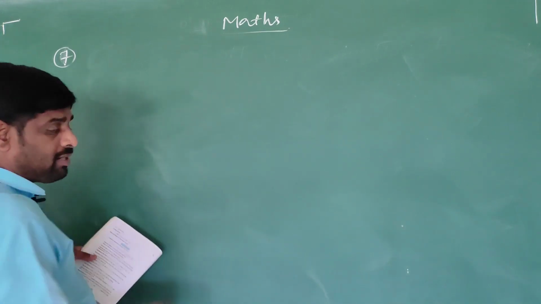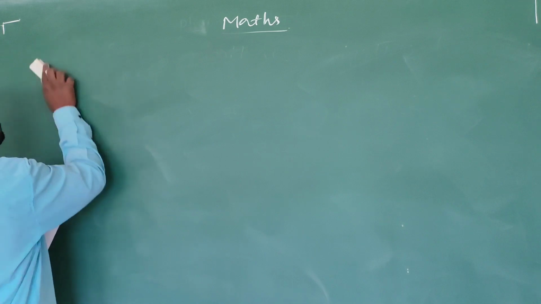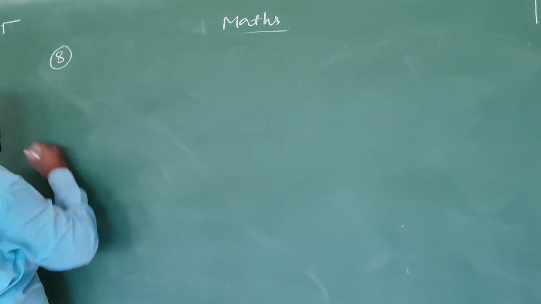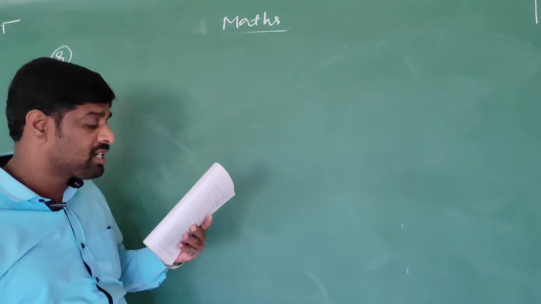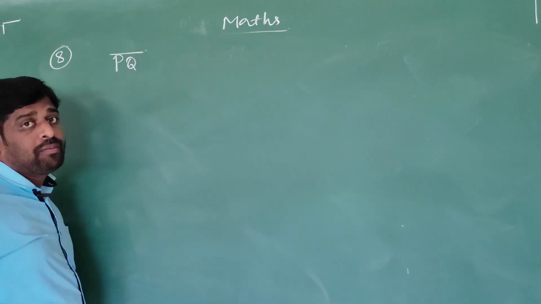Next, question number 8. So what is question number 8? Find the unit vector in the direction of PQ bar. I want to find the unit vector for PQ bar.